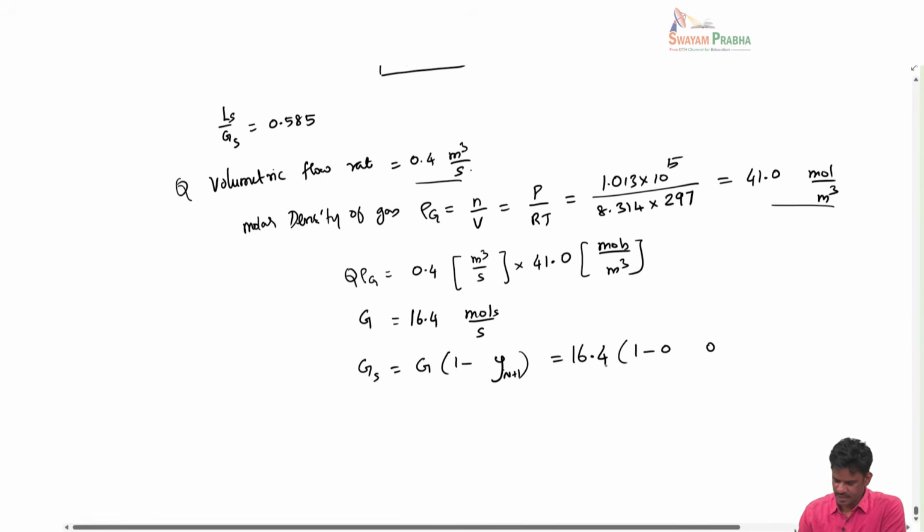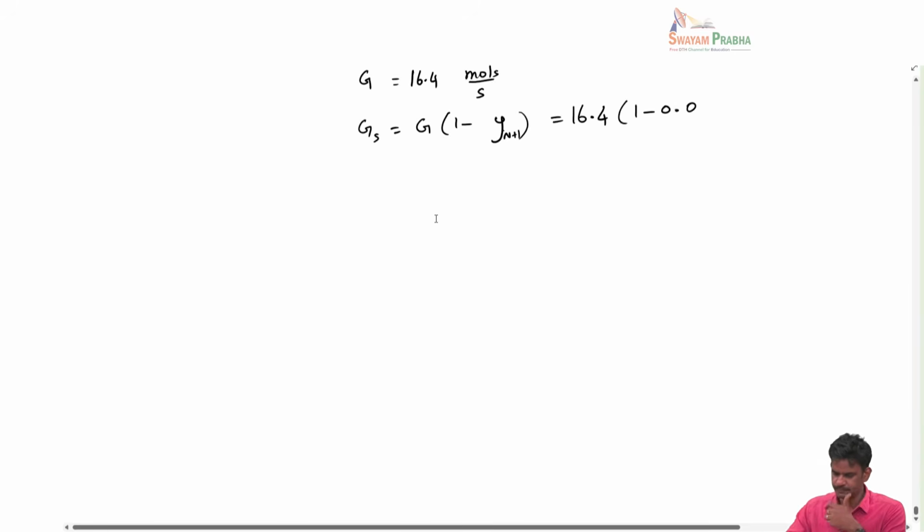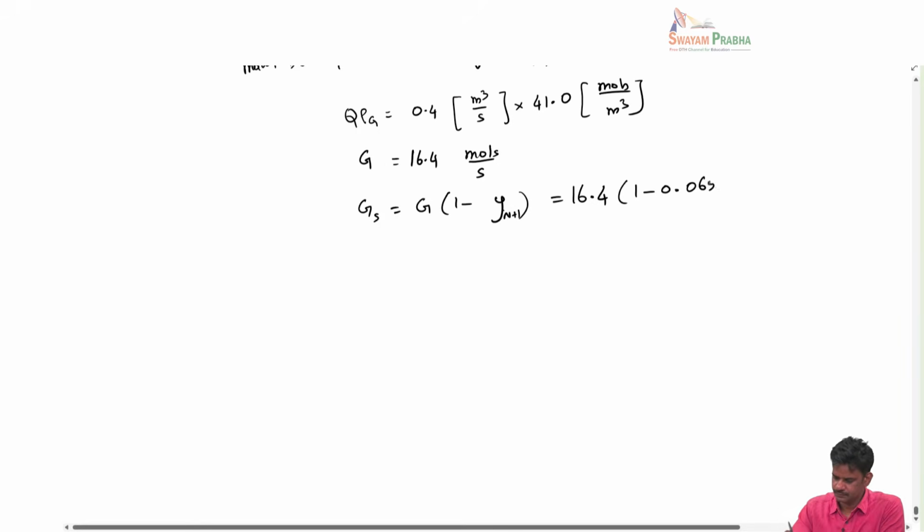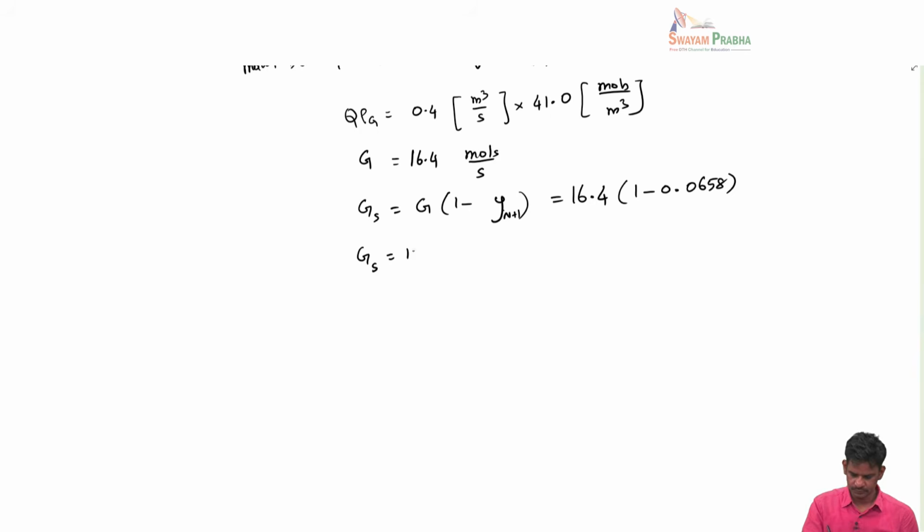16.4, and yn plus 1 is 0.06658. So you'll get GS as 15.32 moles per second, and I know that LS by GS is 0.585.